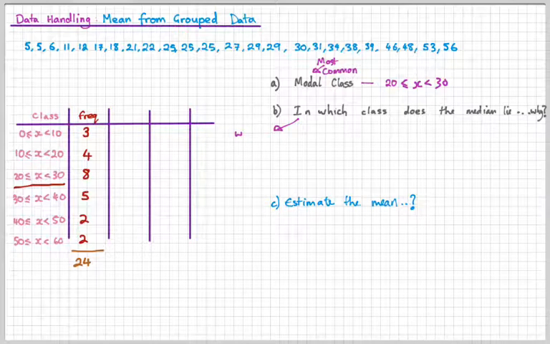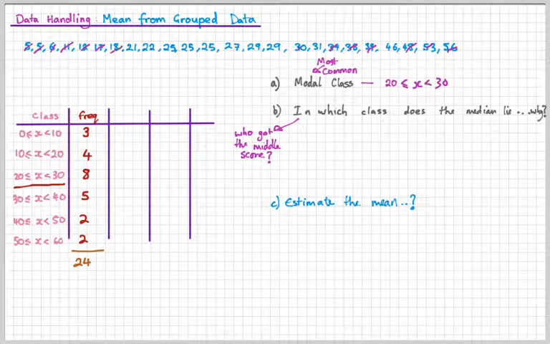Next, in which class does the median lie and why? Well, this means which group got the middle score. Now, if we were going to do this with the list of numbers, I've nicely arranged them in order. So if we're looking at the original data, we could cross out from either end.